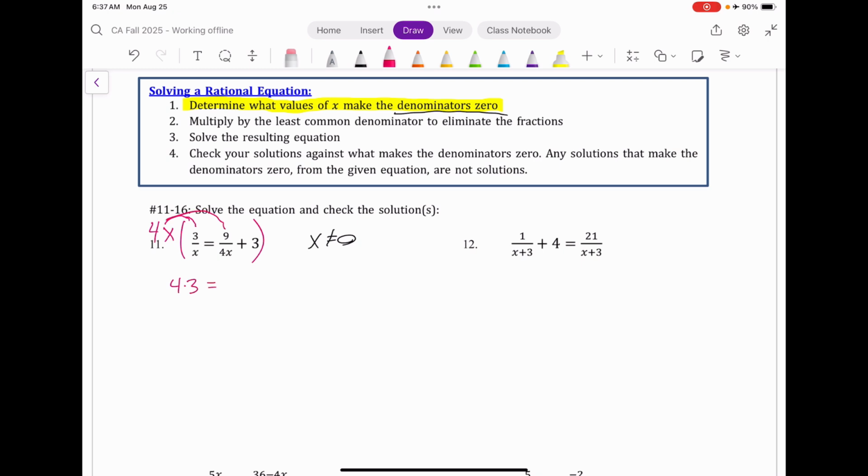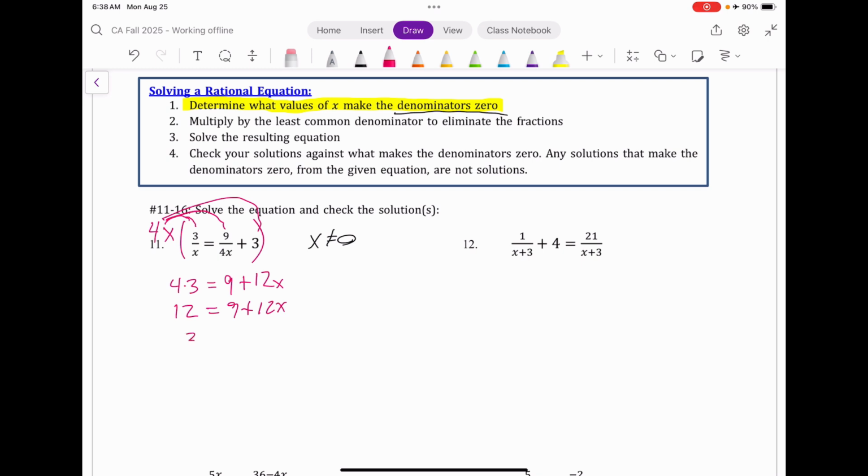The 4x times the 9 over 4x, the 4x's are going to cancel, just leaving 9. And then 4x times 3 is 12x.